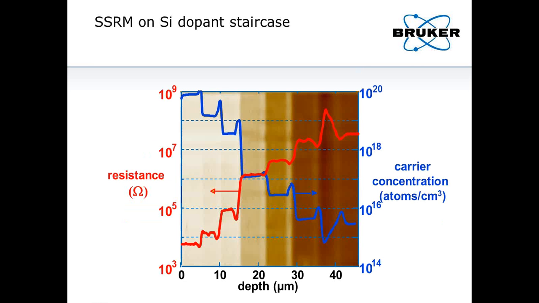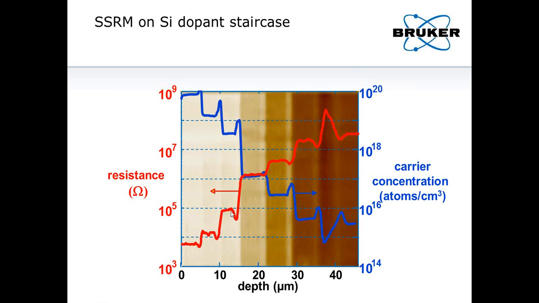For example, for semiconductor, this here is the silicon, and when it's lightly doped, here it's 10 to minus 14, and all the way to highly doped, 10 to 20. And you can see the resistance. The blue one shows the carrier concentration, and the red one shows the resistance.